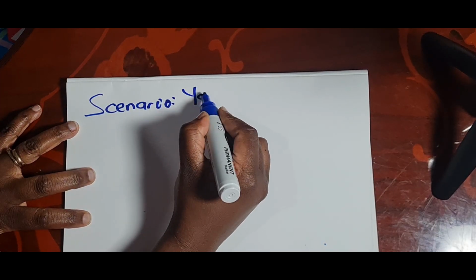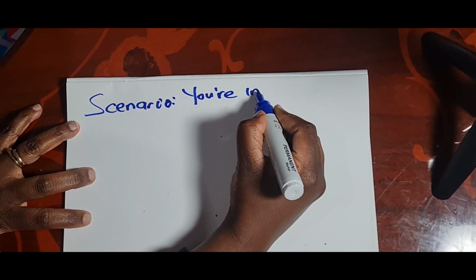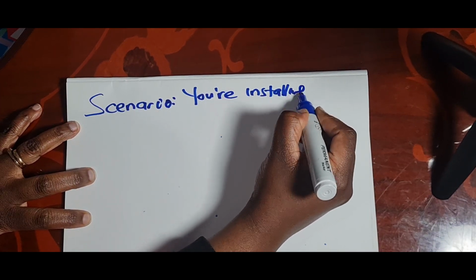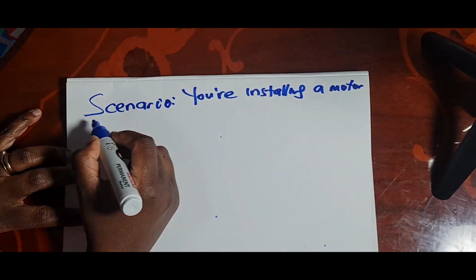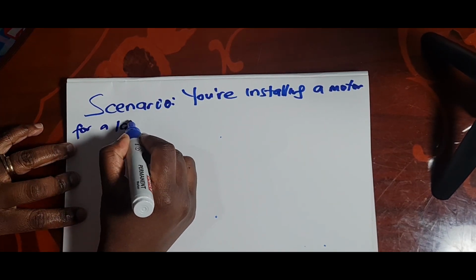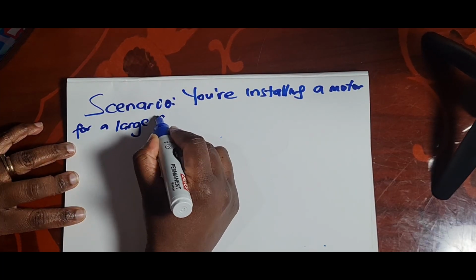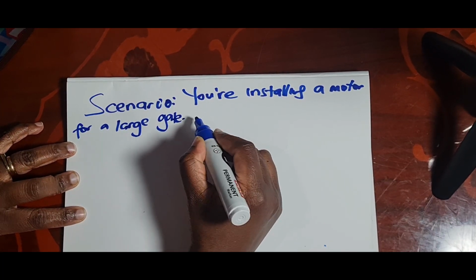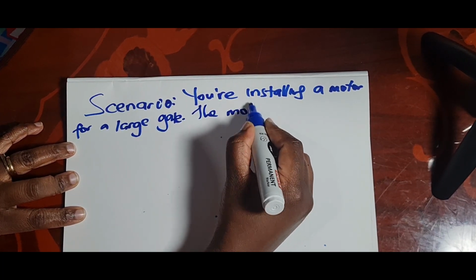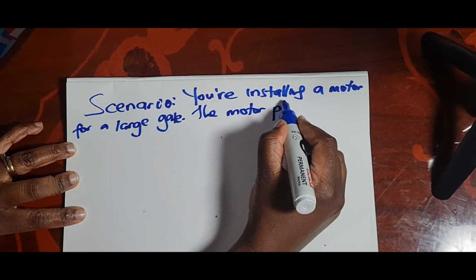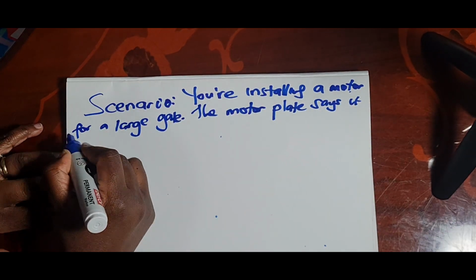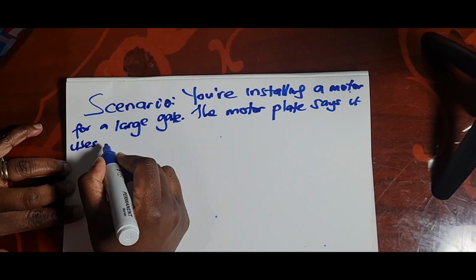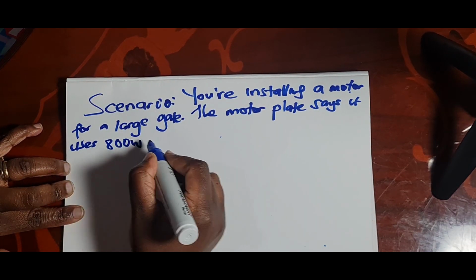You're installing a motor for a large gate. The motor plate says it uses 800 watts. That's real power.